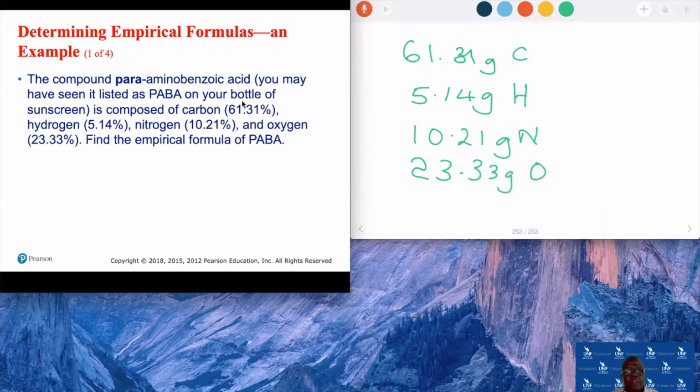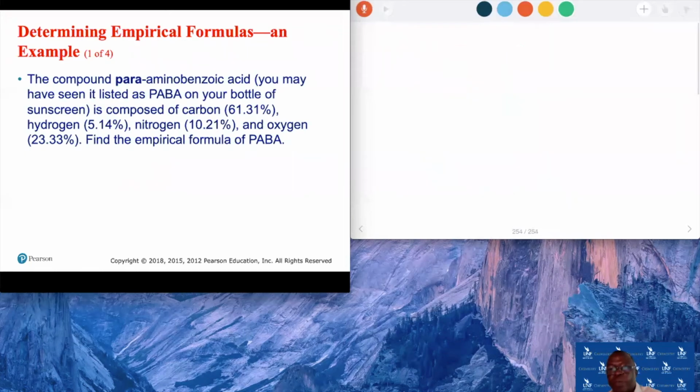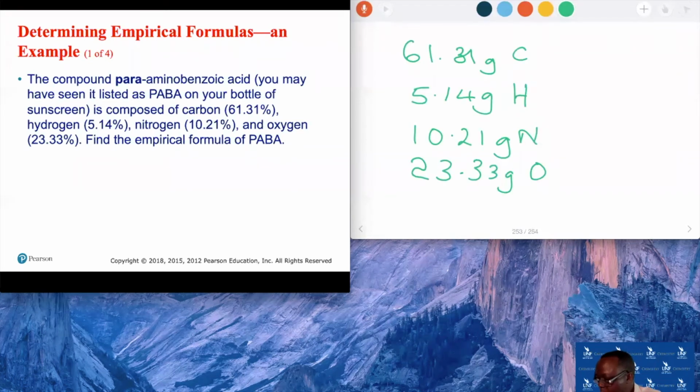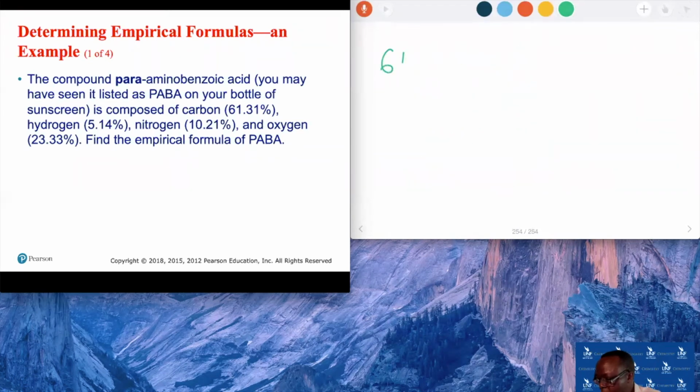If you look at what I've just done with the mass composition, I translated that to grams. Then in determination of the empirical formula, you have to find the number of moles of each element. For carbon, 61.31 grams of carbon times 1 mole over 12.01 grams of carbon.